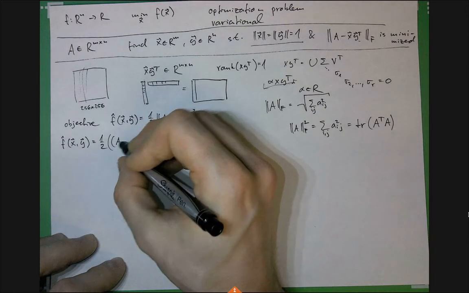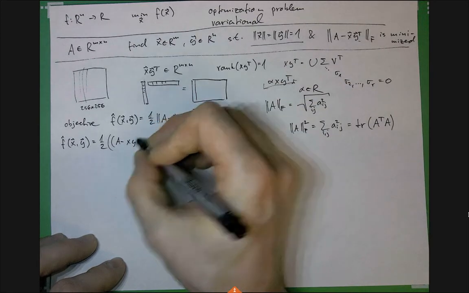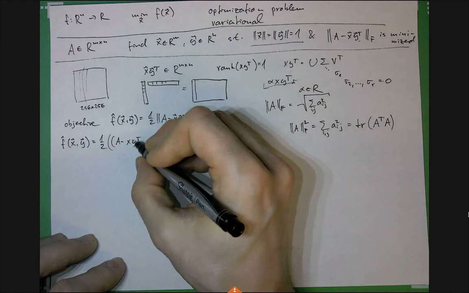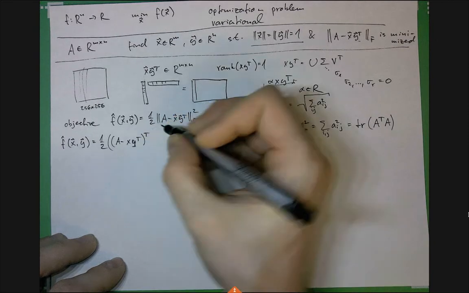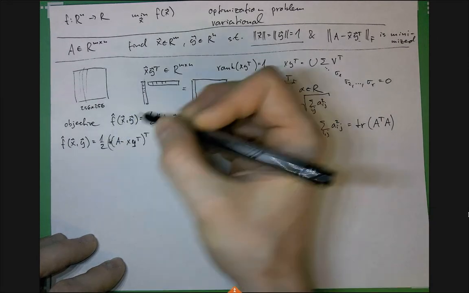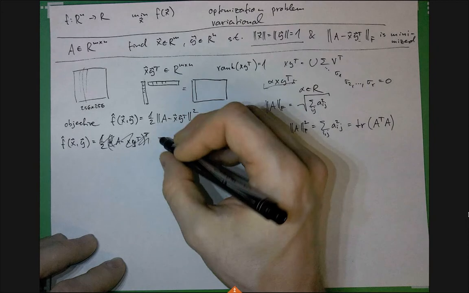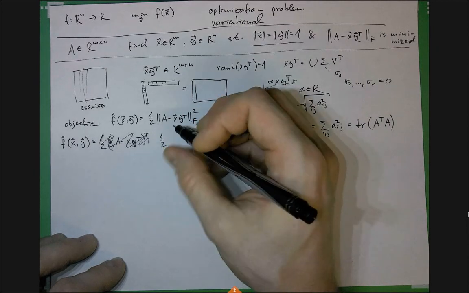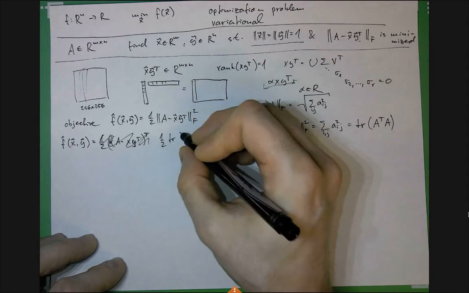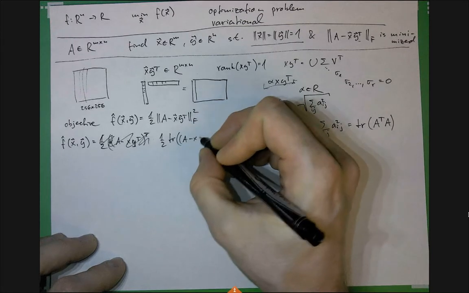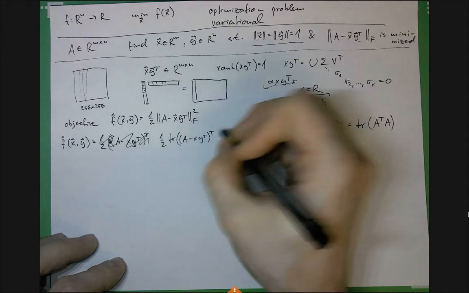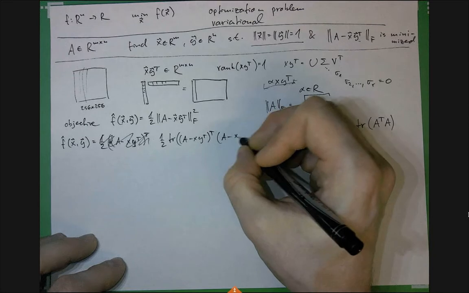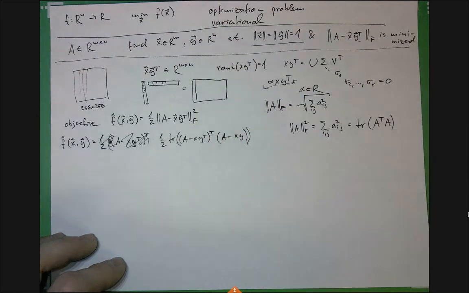So what do we get there? Oh, I forgot the trace. Okay, I'll do it again. Sorry. Trace of (A minus XY^T)^T and (A minus XY^T).